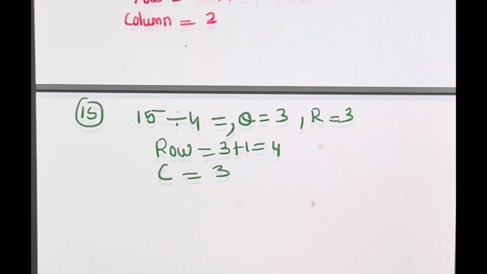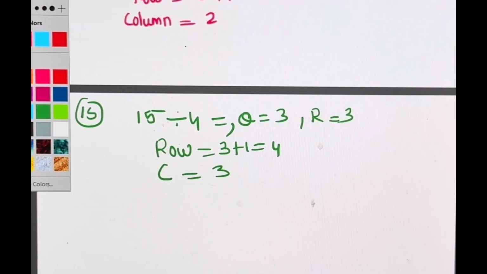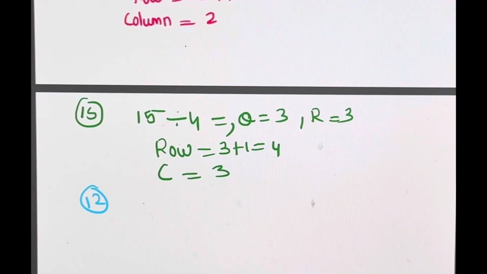Now we take another number. One last number we'll try, then we will go back to the question. We take the number 12. When 12 is divided by 4, the quotient is 3 and the remainder is 0.